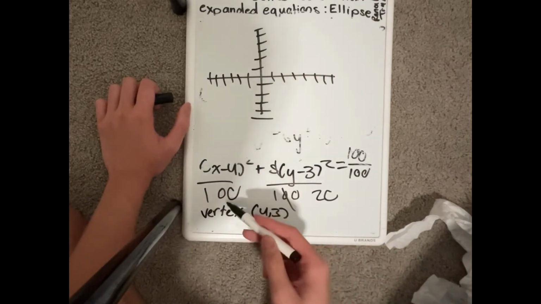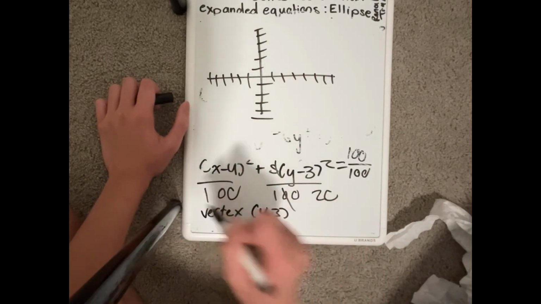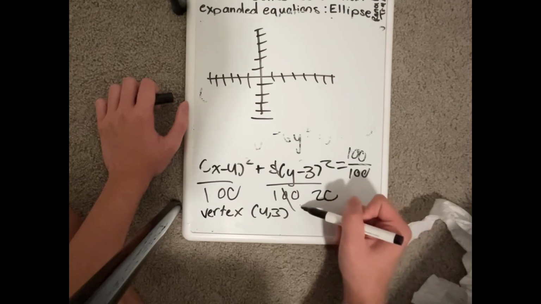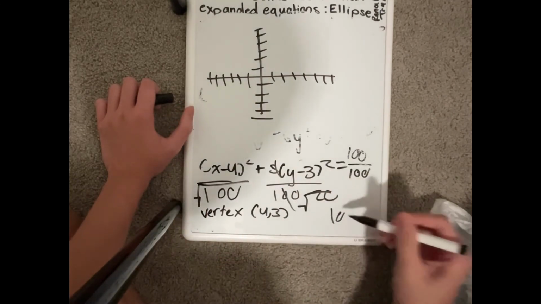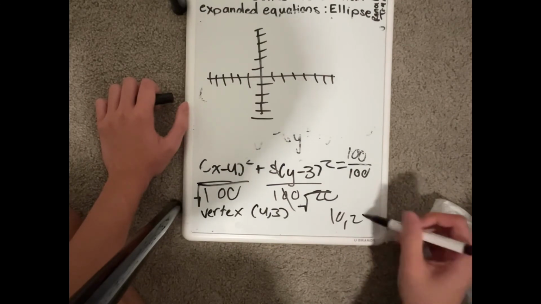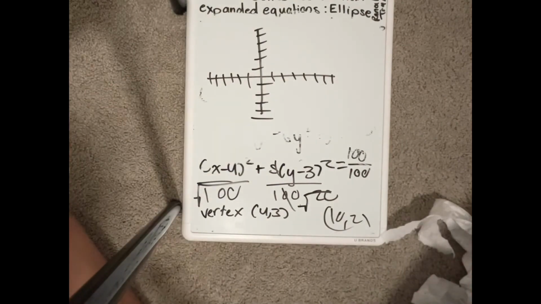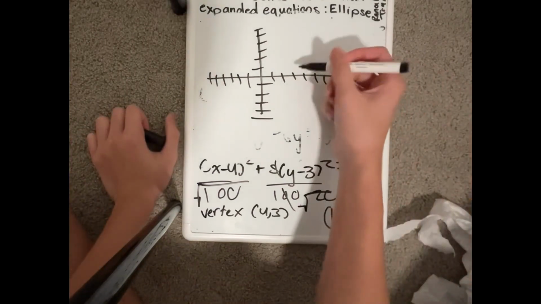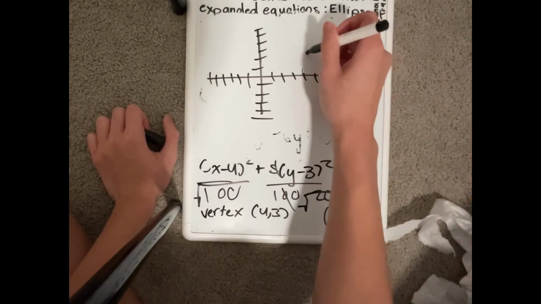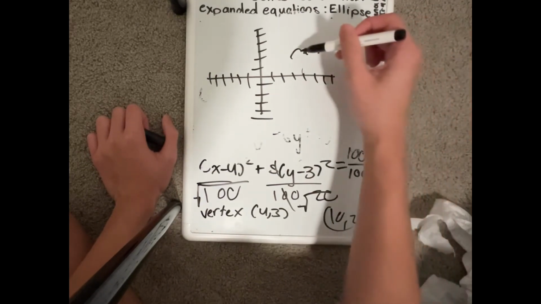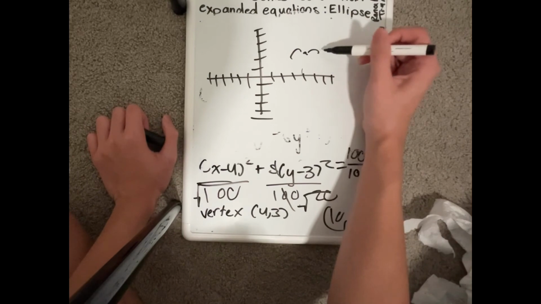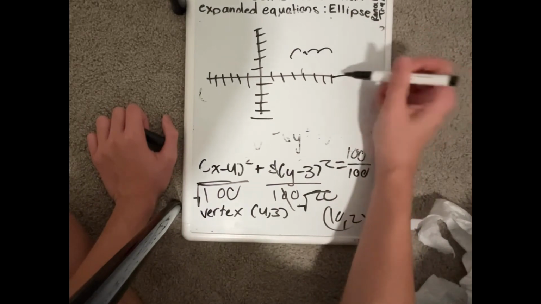How we find the length and the width is that we take the radical of these two, and then we get 10 and 2, so we know it's going to be 2 tall and 10 wide.